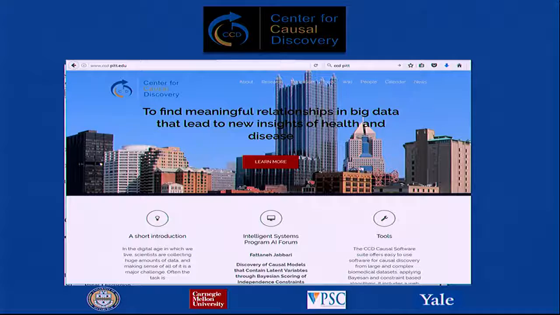Okay, so let me just finish by saying that all this work that's happened over the last 20 or 30 years, which really originated in computer science and has lately found its way more into biomedical research, is now going on in a Center for Causal Discovery that was funded by the National Institutes of Health 2 years ago, and that combines work in bioinformatics at the University of Pittsburgh, computational work at CMU, the Pittsburgh supercomputer, and a group at Yale doing work on biomedical discovery.